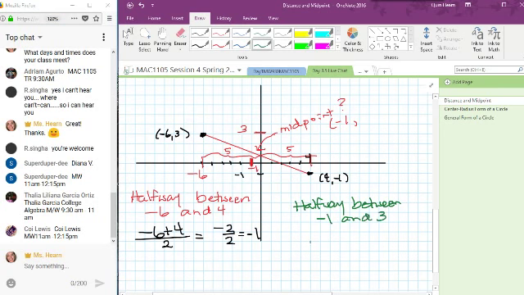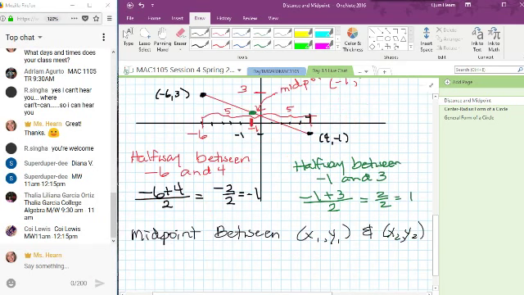So you average them. -1 plus 3 over 2. That's going to be 2 over 2, which is 1. So the y coordinate turned out to be 1. So -1, 1 would be right here, which is right where we thought the midpoint of the line segment should be.